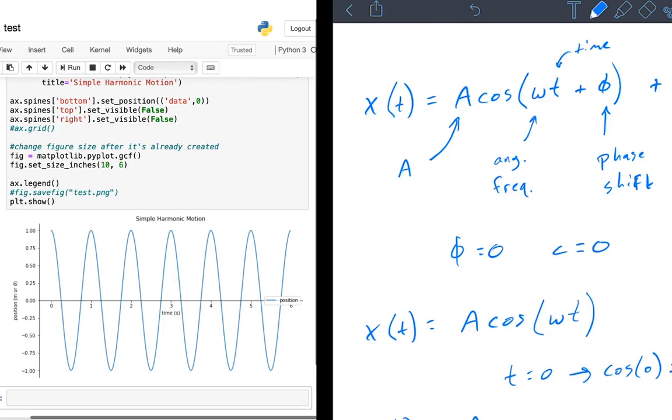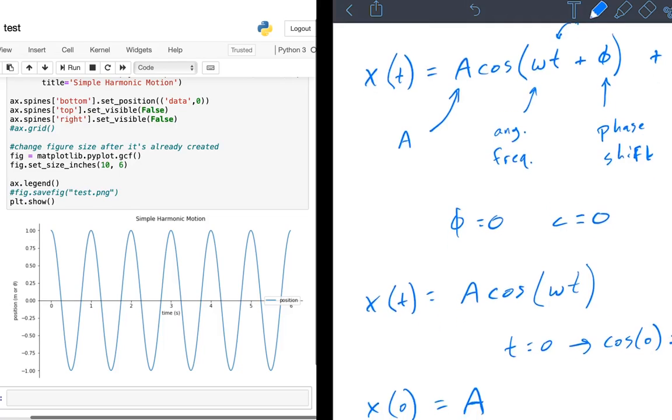And let's say, so here we have omega. So if you remember, we'll go back to a basic sine graph, sine omega t.